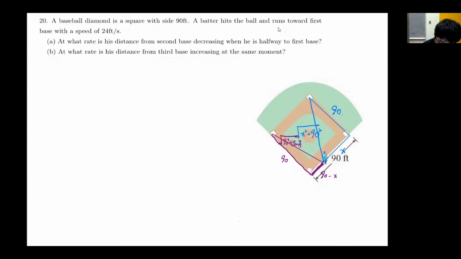Now let's actually start by writing down all the details. So we let x be the distance from the batter to the first base.